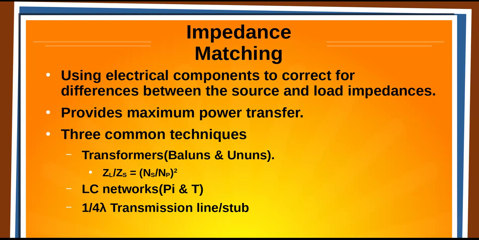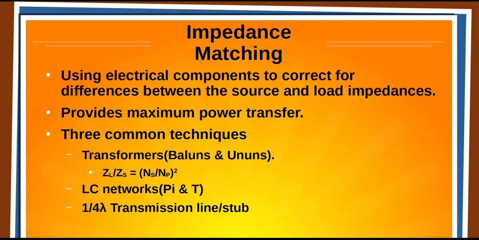You use a transformer, either balun or unun, where the square of the turns ratio will determine the impedance ratio for matching. So if you have a 7-to-1 turns ratio on your toroid or transformer, you're going to have a 49-to-1 impedance ratio.